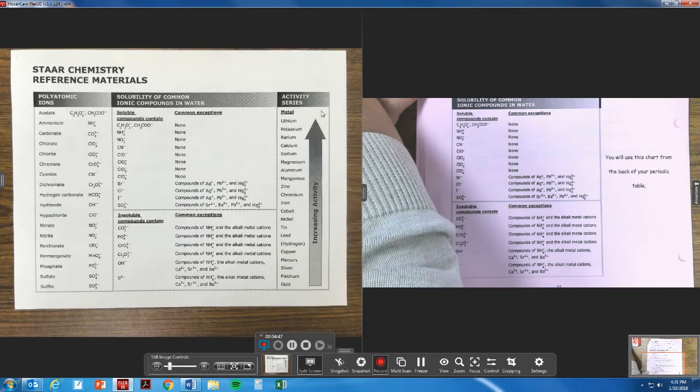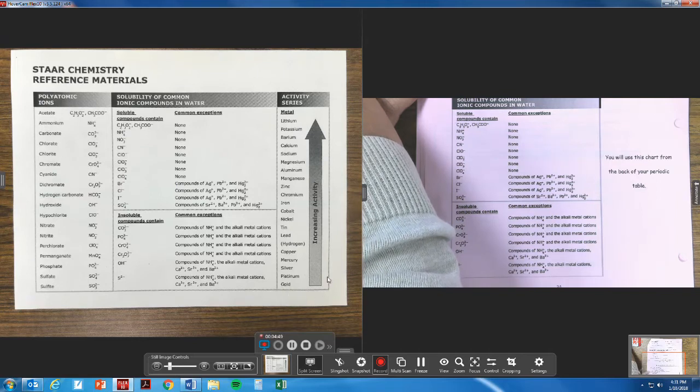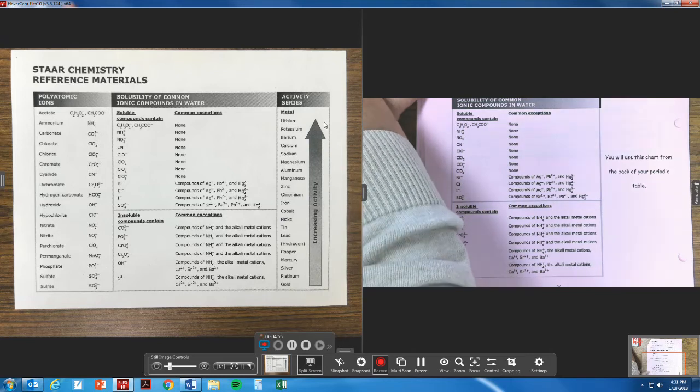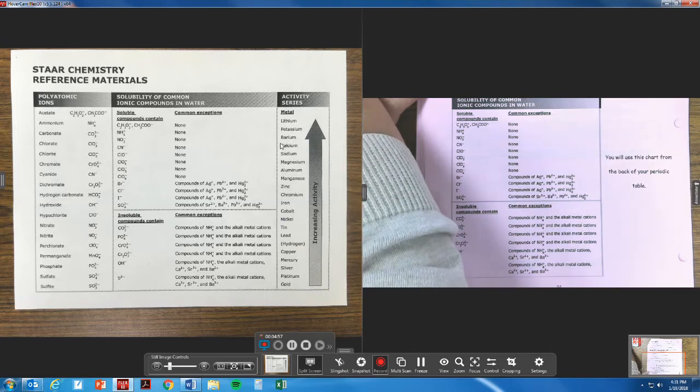Remember that your activity series is for single replacement rules. One more time: activity series is for single replacement, and then double replacement is going to be for this one right here, the solubility chart.